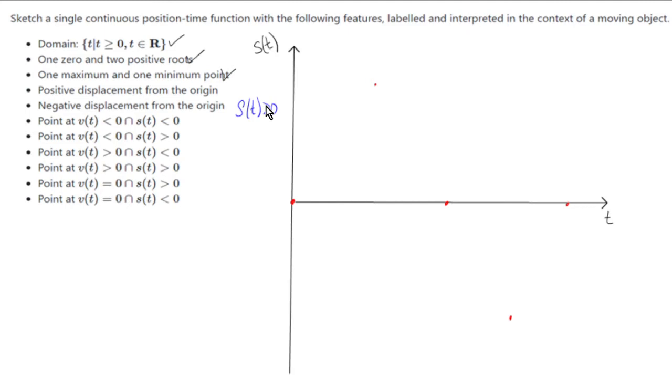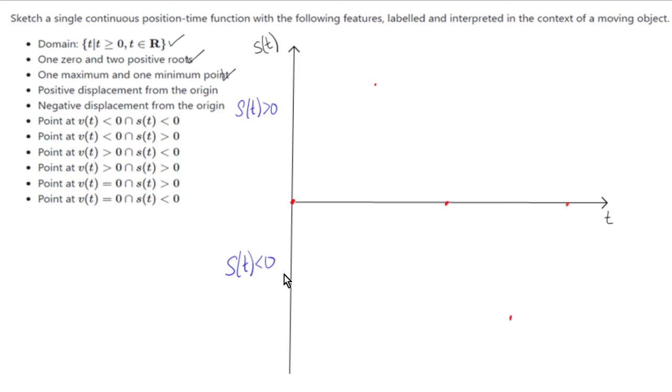So positive displacement from the origin can be interpreted as, for example, traveling north, or an object being thrown up or moving forward. That will be a positive direction. Whenever the position time function is negative, so s of t is less than 0, that could be interpreted as traveling south or moving downwards or backwards.